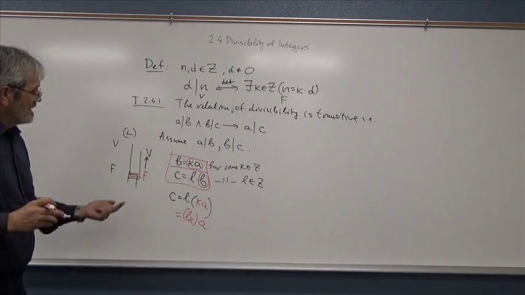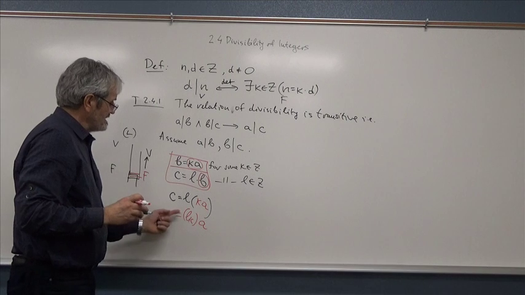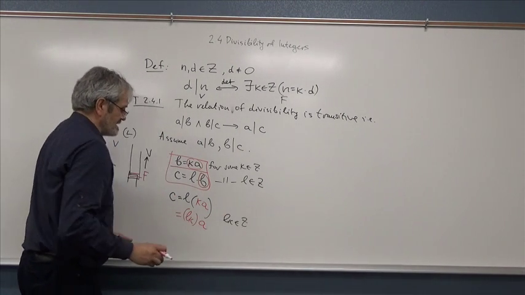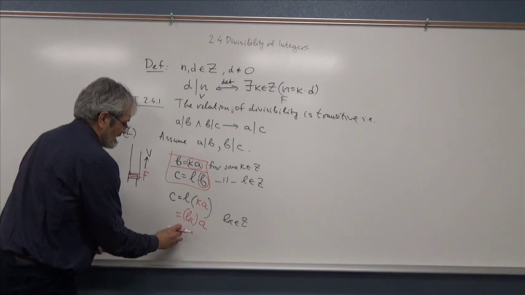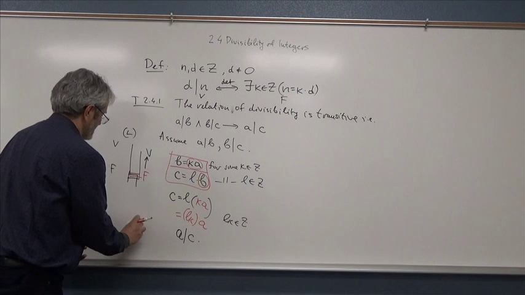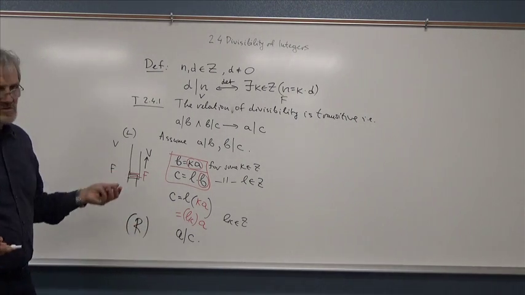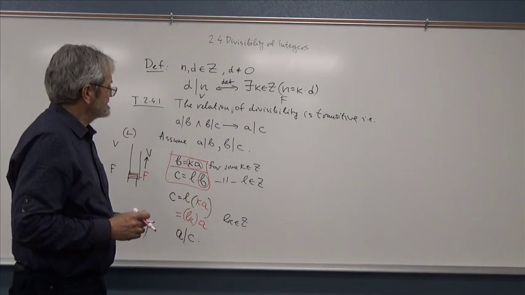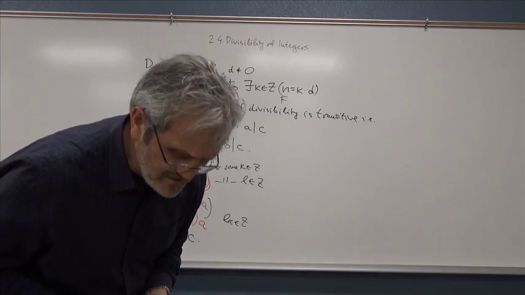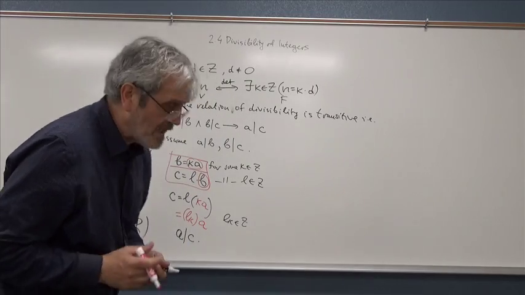So now we have that C equals LK times A, and LK is an integer. We can call it S or just say LK is an integer. We have a witness that A divides into C, which is our right side. So see, it was really extremely simple.